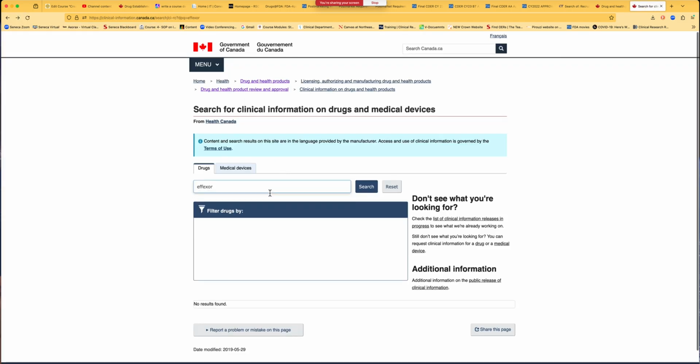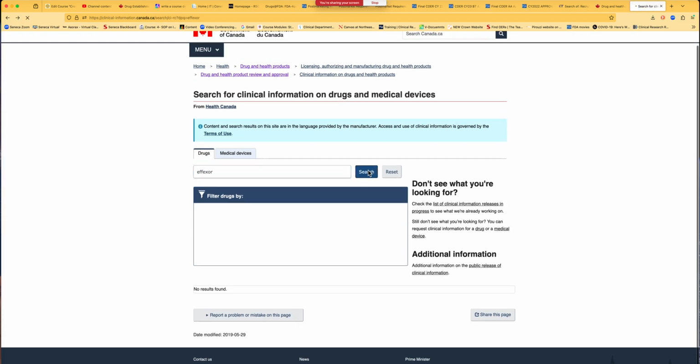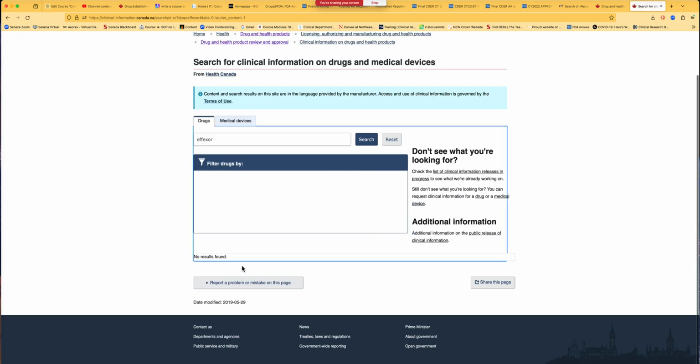Okay, so here I put Effexor, and then I'm going to click on search. And okay, it seems that it doesn't show any result. It was showing the results, but there's no problem.